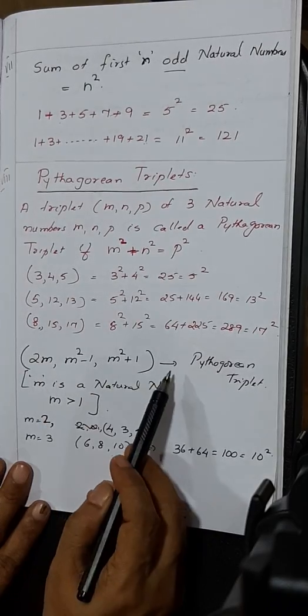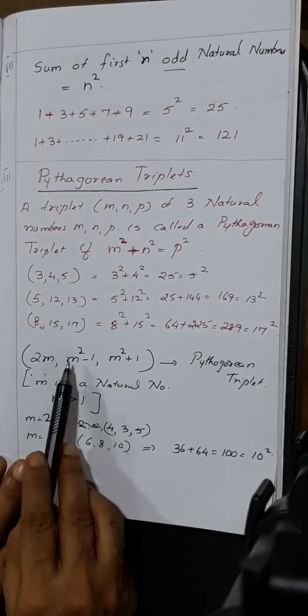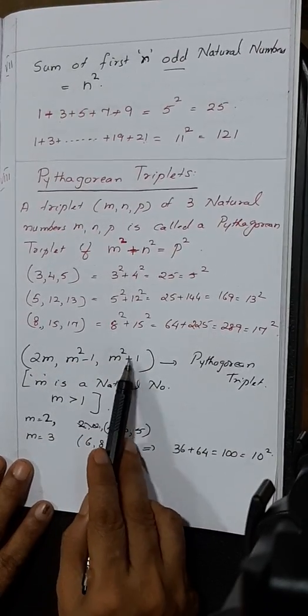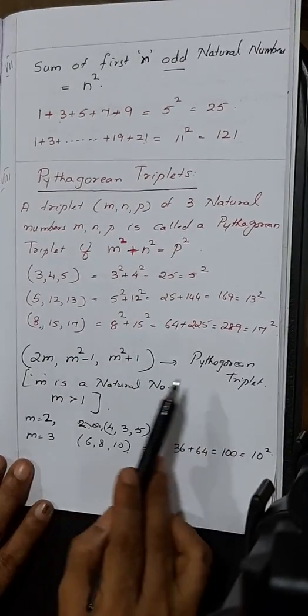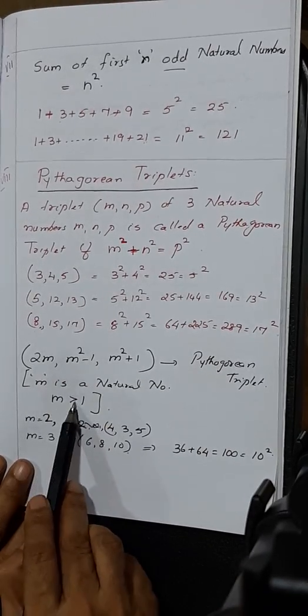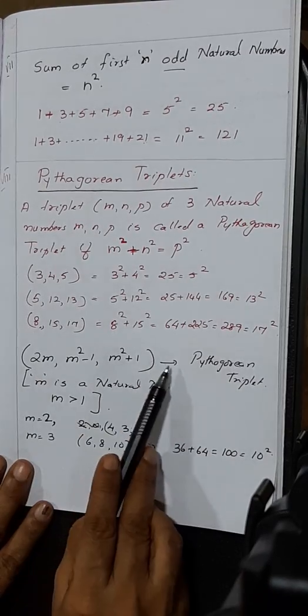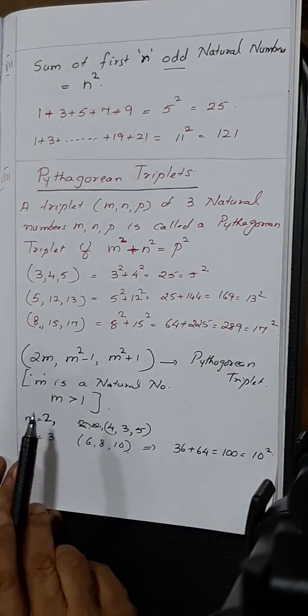There is a standard form to find Pythagorean triplets. 2m, m squared minus 1 and m squared plus 1 will form a Pythagorean triplet, where m is a natural number and m is greater than 1. So you can find any number of Pythagorean triplets.